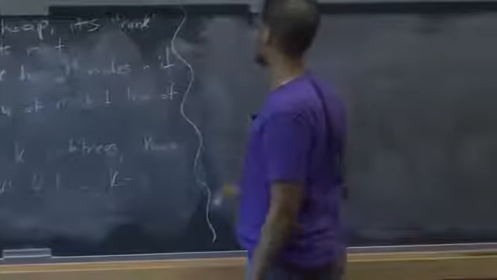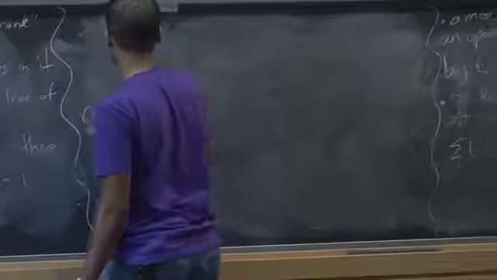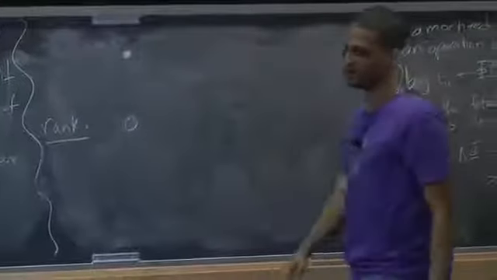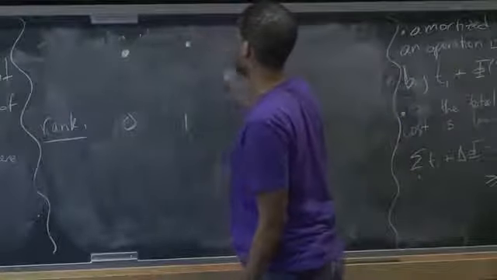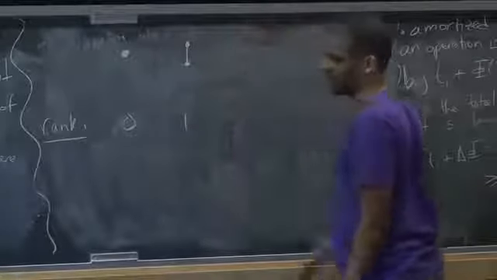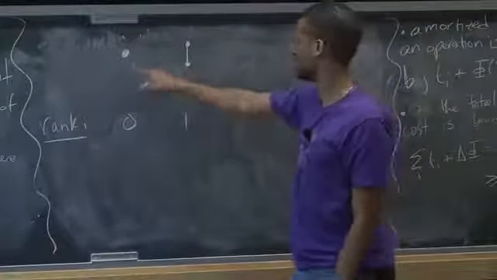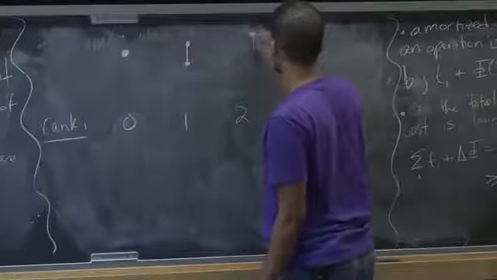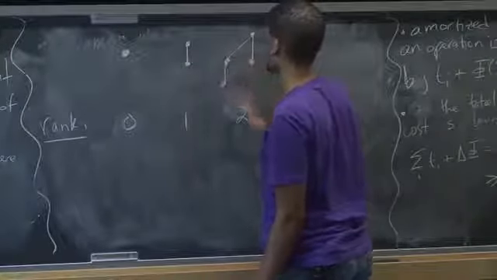What does a rank 0 tree look like? A rank 0 tree just looks like a node. A rank 1 tree has a root of degree 1, with a rank 0 tree as its child. A rank 2 tree has a rank 0 child and a rank 1 child, which means it looks like this.